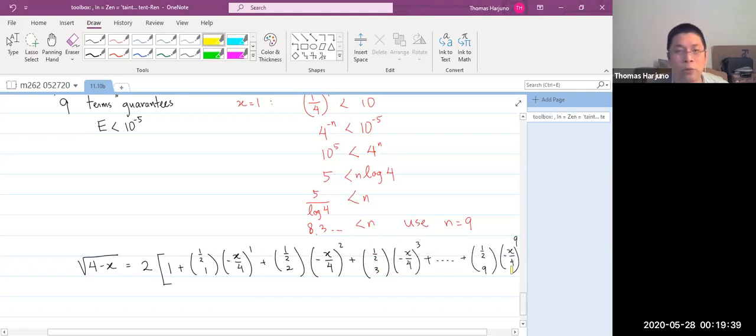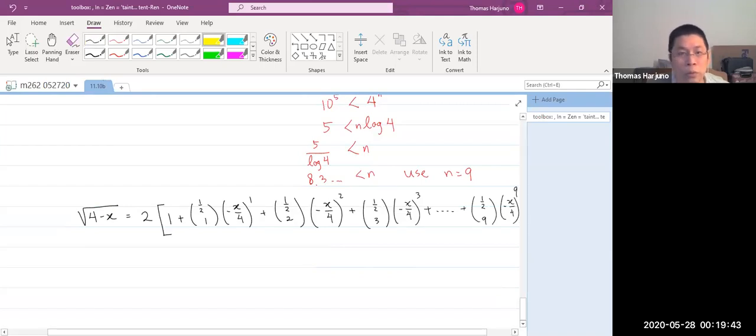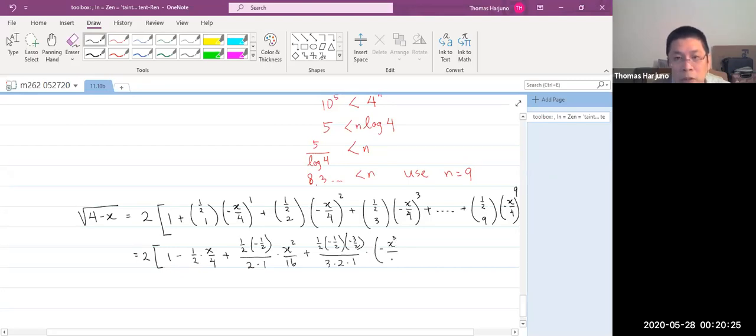Then this is equal to 1, actually this would be negative 1/2 times x over 4, and then this will be plus 1/2 times -1/2 over 2 times x squared over 16, plus 1/2 times -1/2 times -3/2 over 3 times x cubed over 64, and so on and so forth.